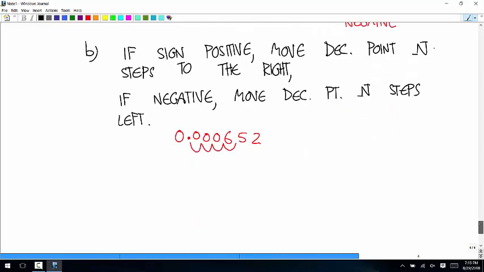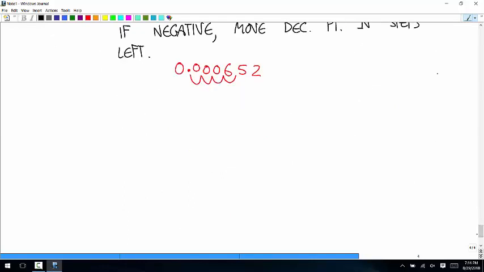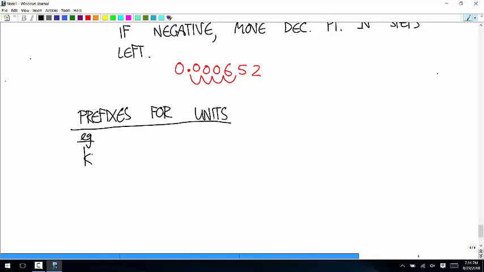Okay. One more thing I want to mention. That's prefixes for units. For example, what I'm talking about is like kilometers.